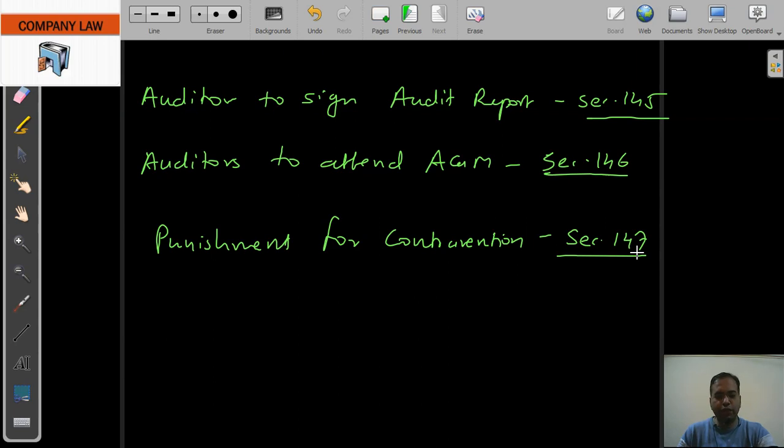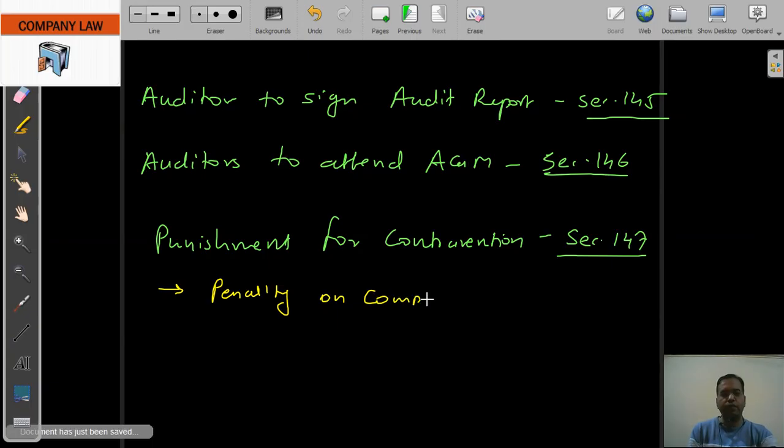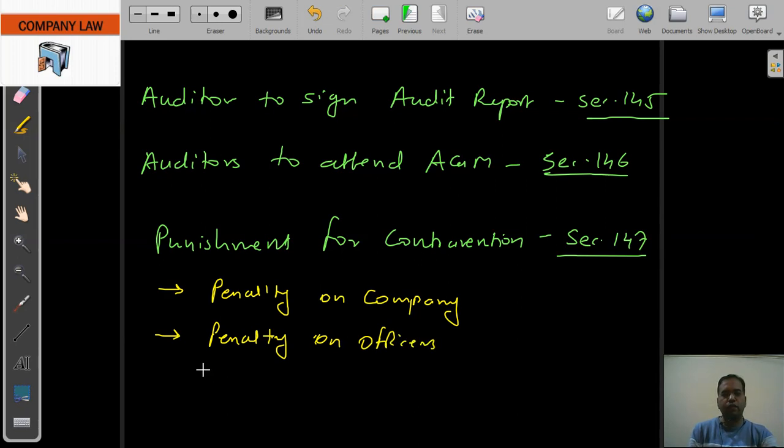So there are three types of punishment: penalty on company, penalty on officers, and penalty on auditor.